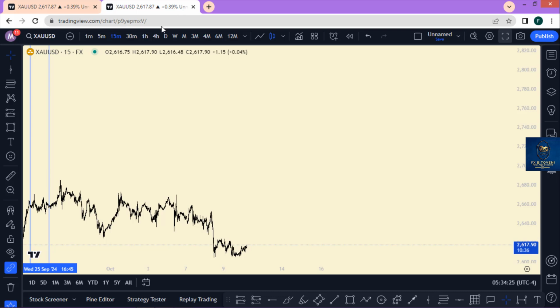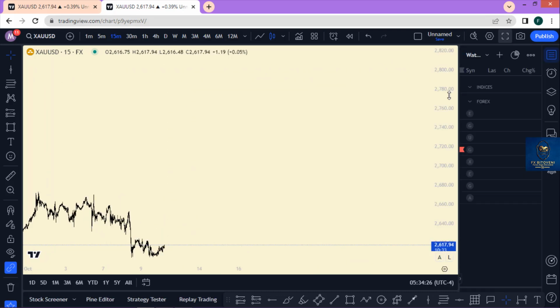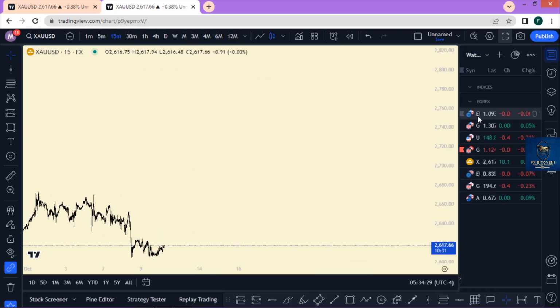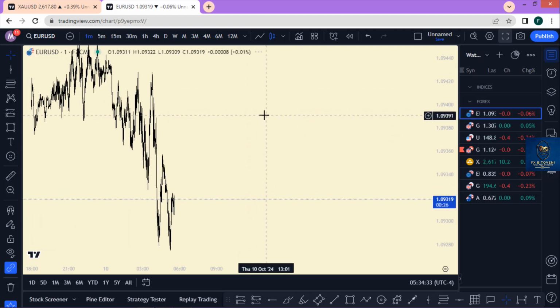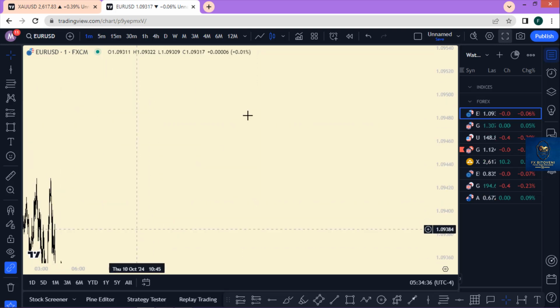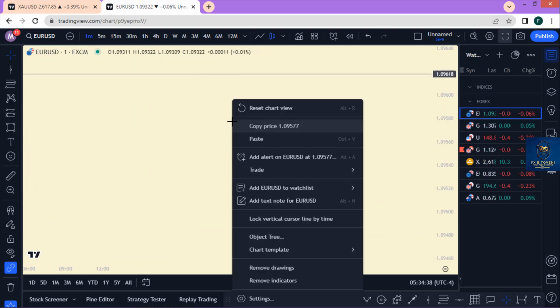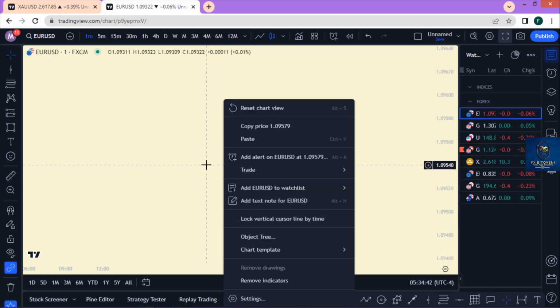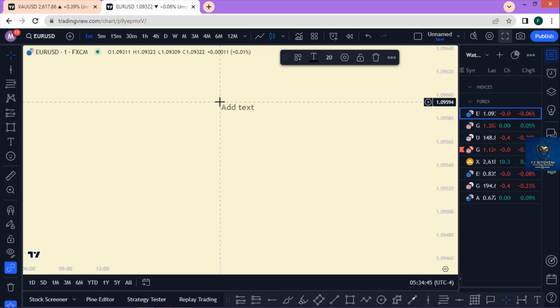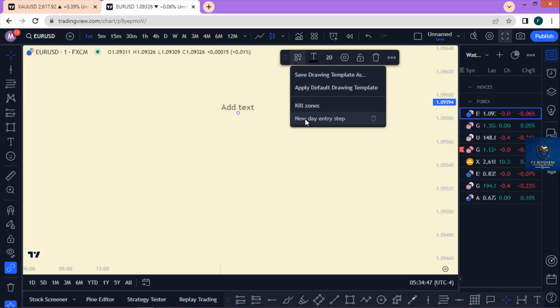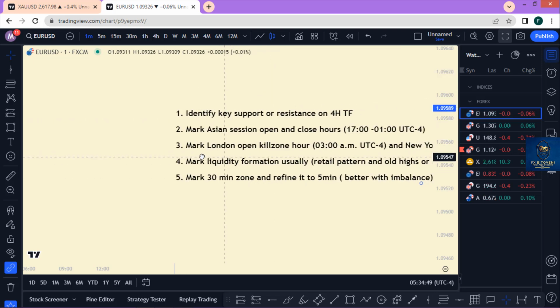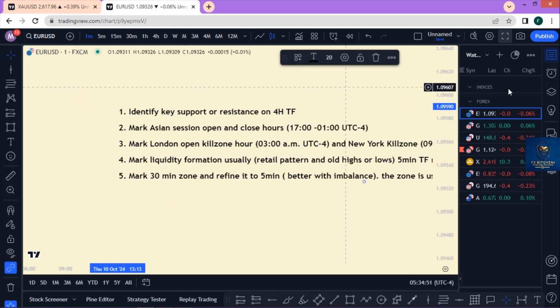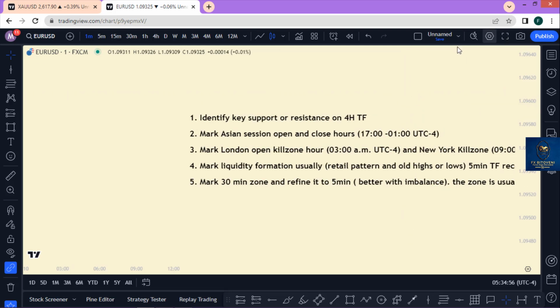Step number 1, let me open another pair here. Step number 1, identify key support or resistance on the 4-hour time frame.